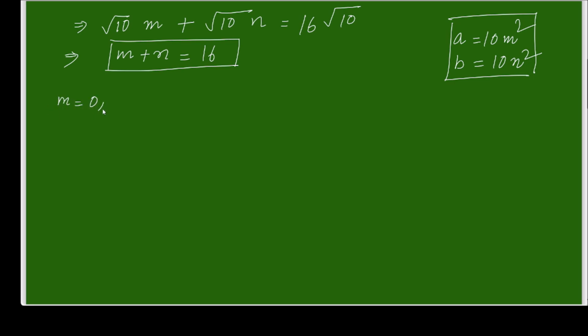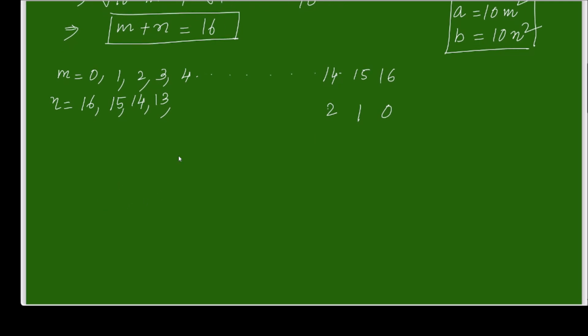M can be 0, 1, 2, 3, 4 up to 16. If m is 0, n is 16, if 1 then 15, 14, 13, and if it is 15 then n is 1, if it is 16 it is 0, if it is 14 then it is 2. So these are the pairs satisfying m and n.